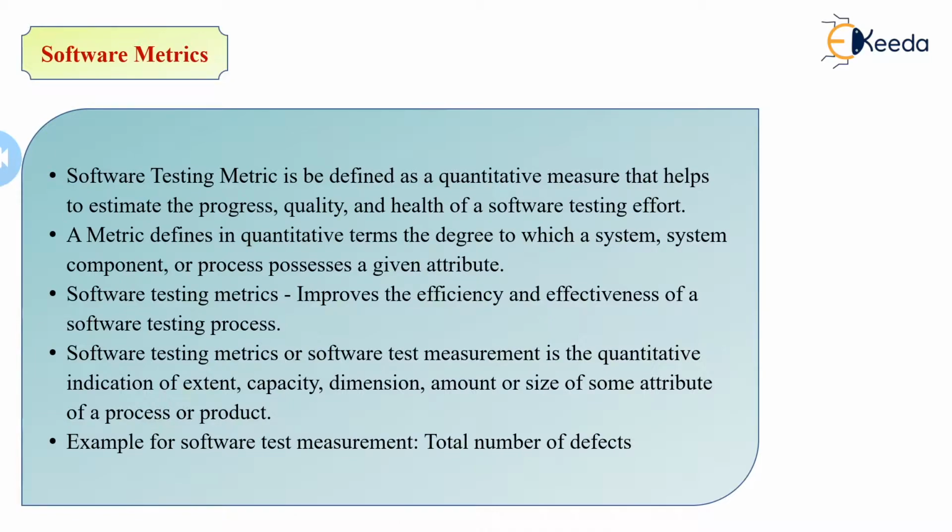So this metric is defined in quantitative terms, as the degree to which a system, a system component, or a process possesses a given attribute. Suppose I'm saying it is reliable. This is a measurement of up to how much percent it is reliable.